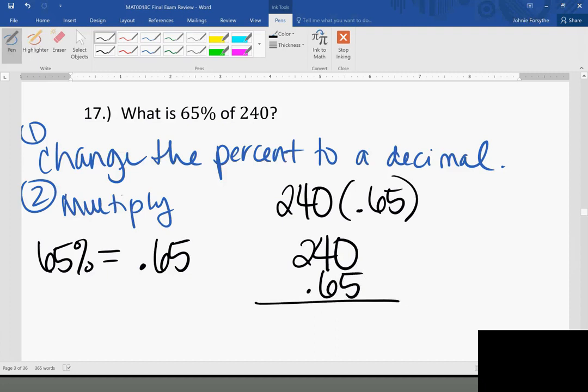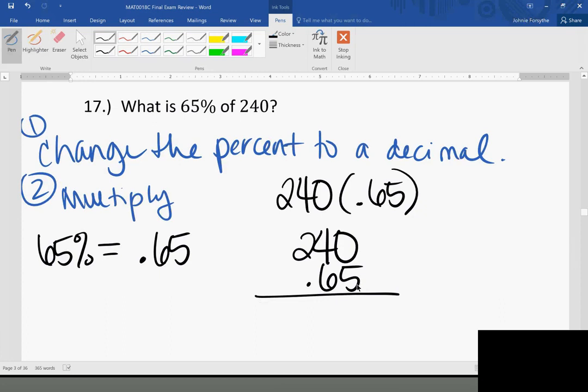And I'm going to multiply. So first I have 5 times 0, which is 0. 5 times 4, which is 20, carry the 2. 5 times 2 is 10, plus 2 is 12. So my 0 placeholder, and start with the 6. 6 times 0 is 0. 6 times 4 is 24, carry the 2. 6 times 2 is 12, plus 2 is 14.